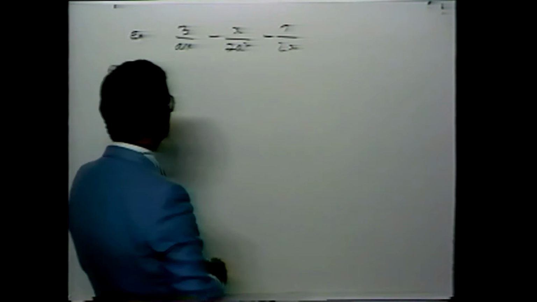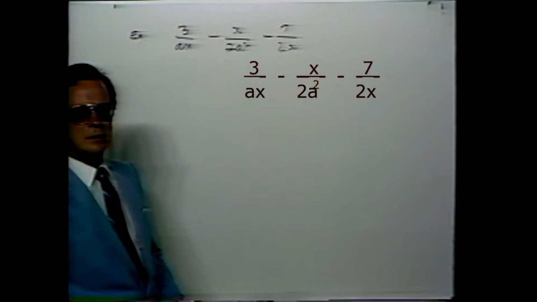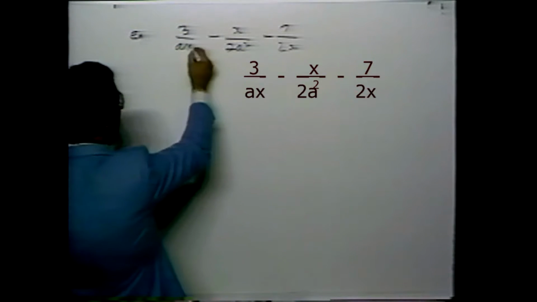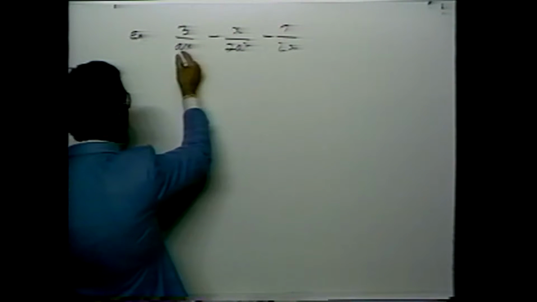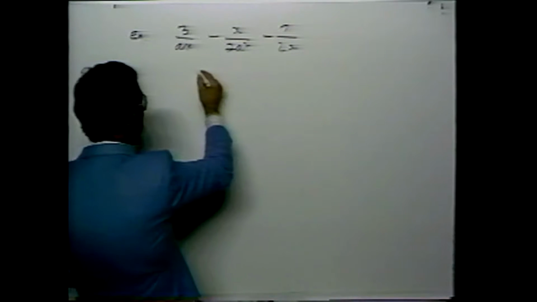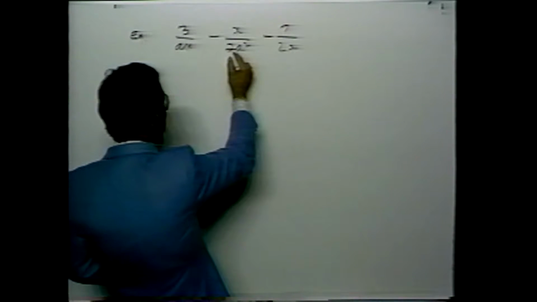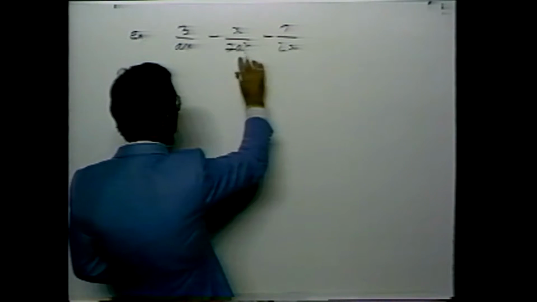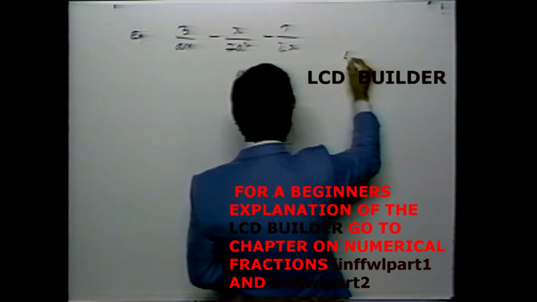But check what the factors of each denominator are. For ax, well, that's fairly obvious. It's a times x. In the next denominator, the factors are 2 times a times a, and that's fairly obvious as well, and finally 2x.